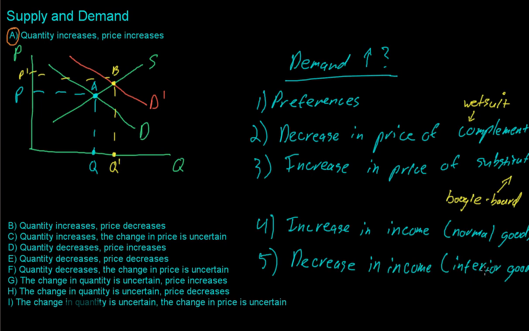You eat it when you're a college kid because you have no money. But when you get more and more money, you're going to pay for better food and you're going to want less top ramen. A surfboard is a horrible example here of an inferior good because there's no real way to justify buying more surfboards when you have less and less money. But when you have less money, you do buy more of some goods. Top ramen would be one example.